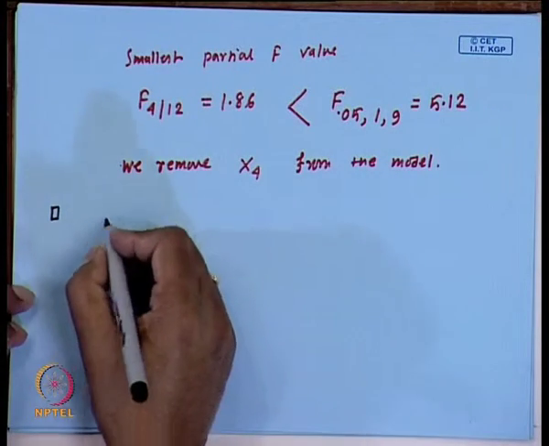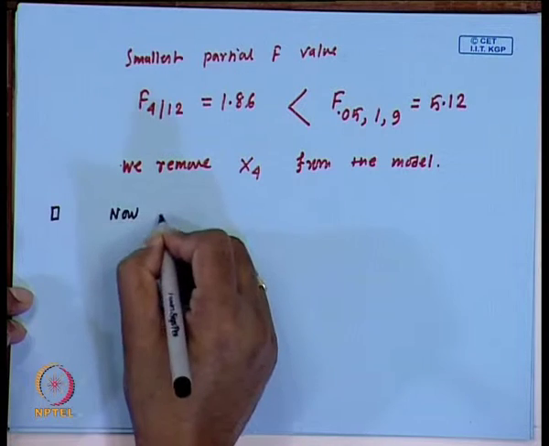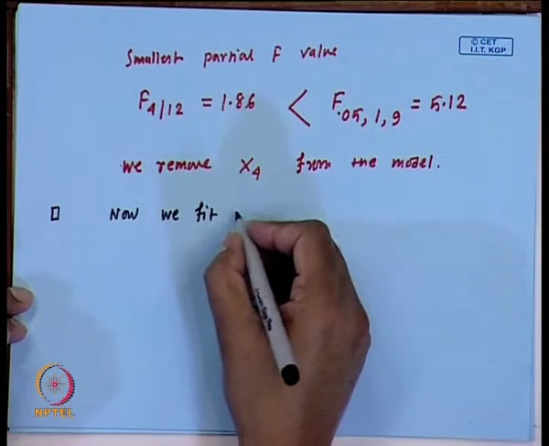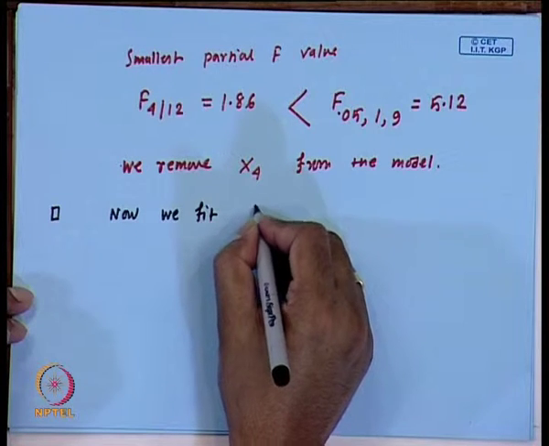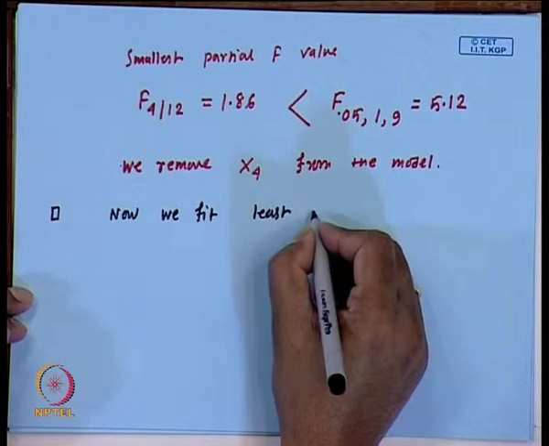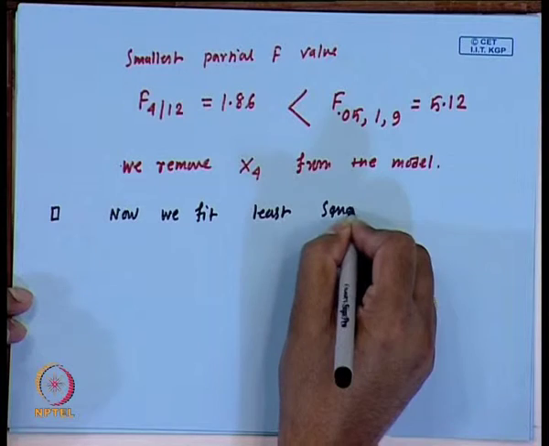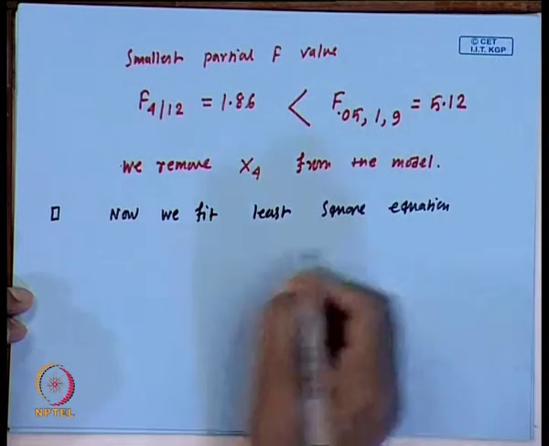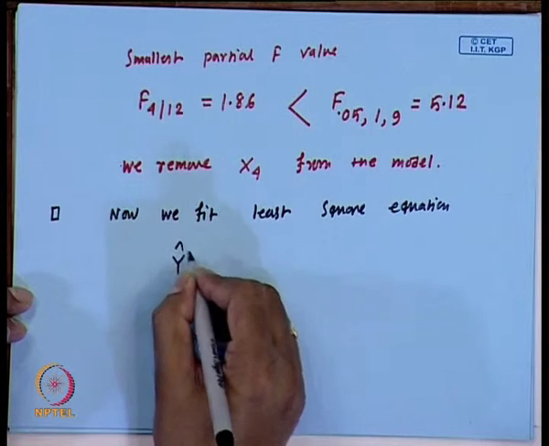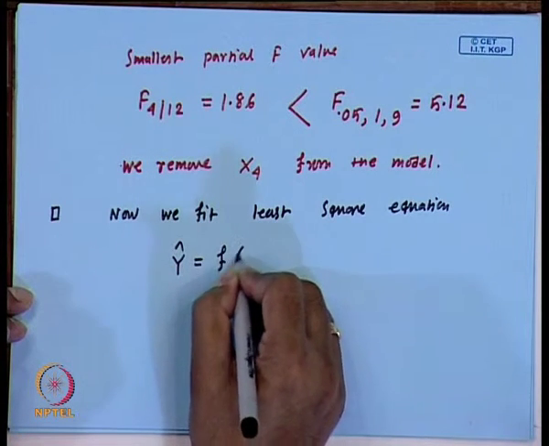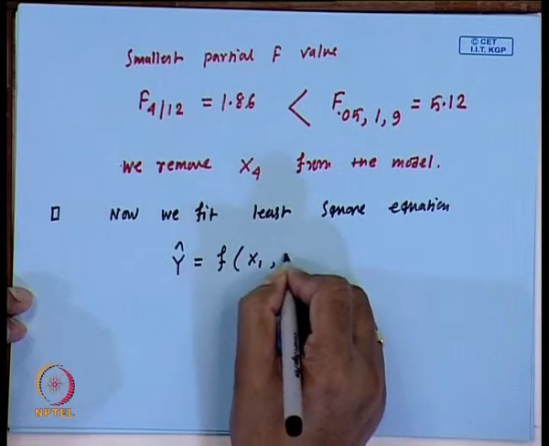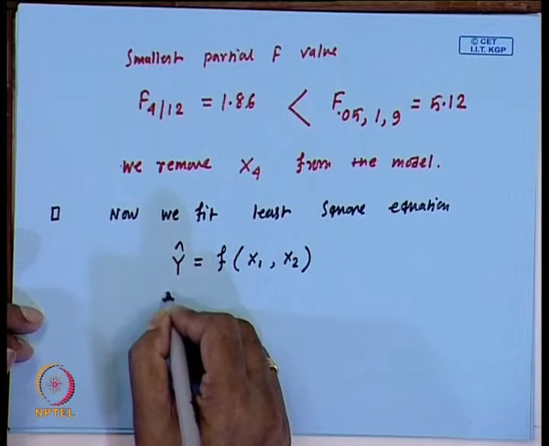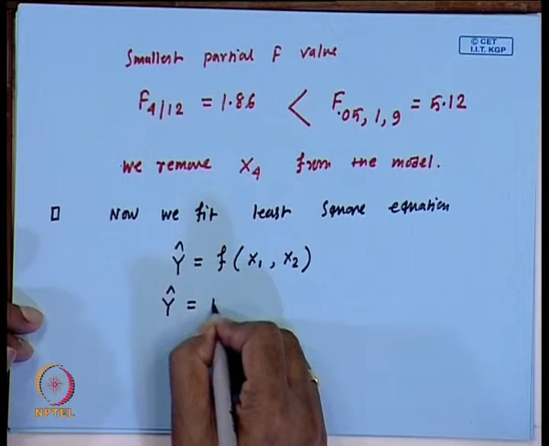So, we now fit the least square equation y hat equal to f of x 1, x 2.